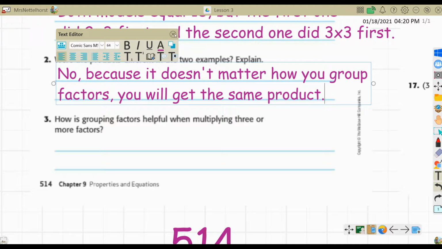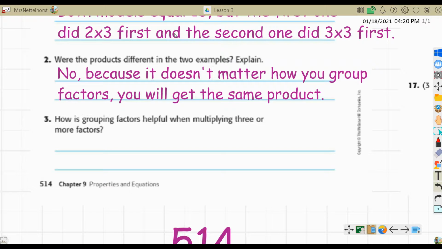So that answers that question. Were the products different in the two examples? No. Explain. Because it doesn't matter how you group factors, you will get the same product.